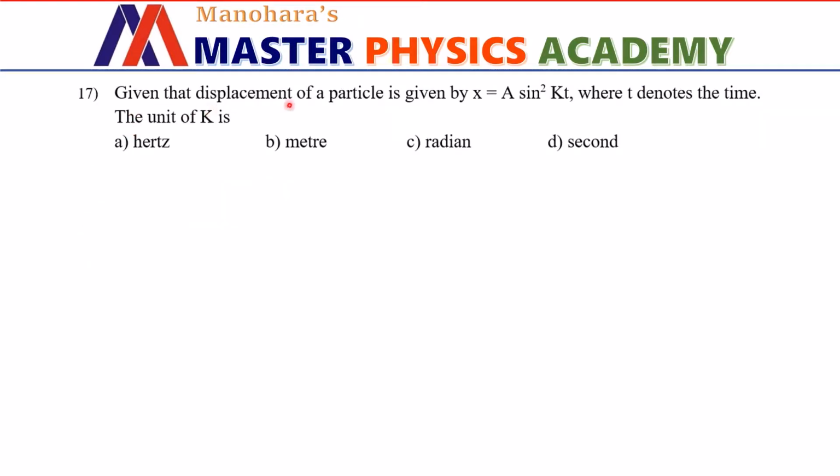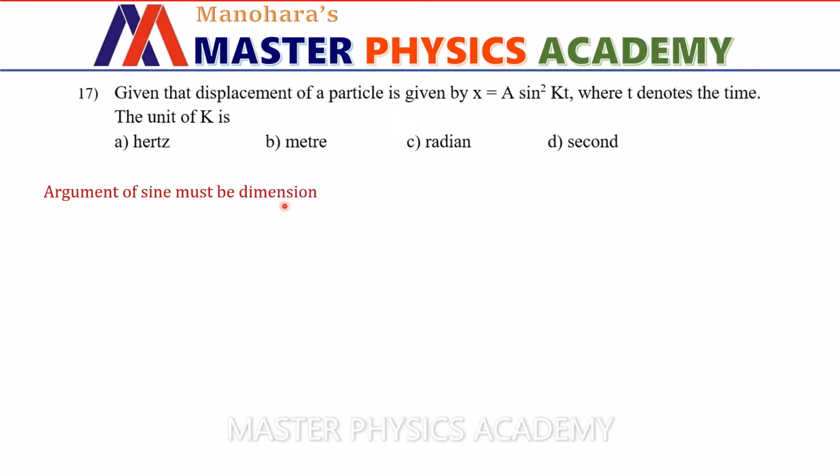Given that the displacement of the particle is given by x equals a sin square kt, where t denotes the time, the unit of k is. We all know that the argument of sine must be dimensionless. Therefore, we have the dimensions of kt equals m power 0, l power 0 and t power 0.